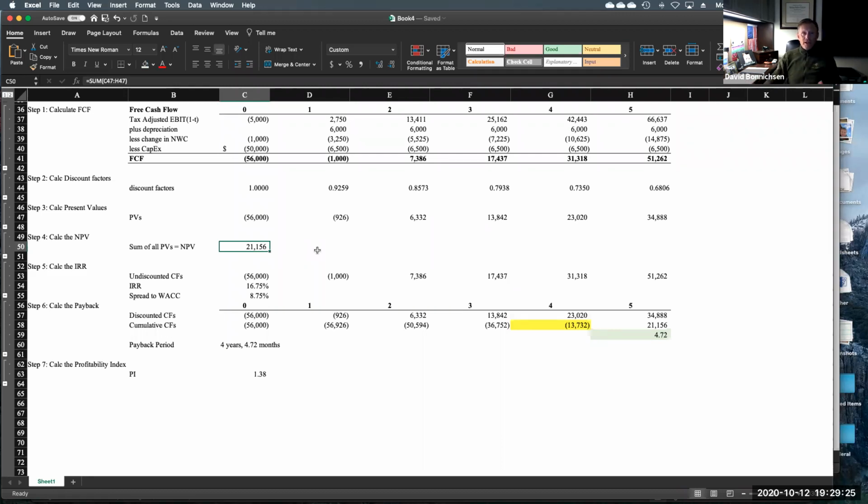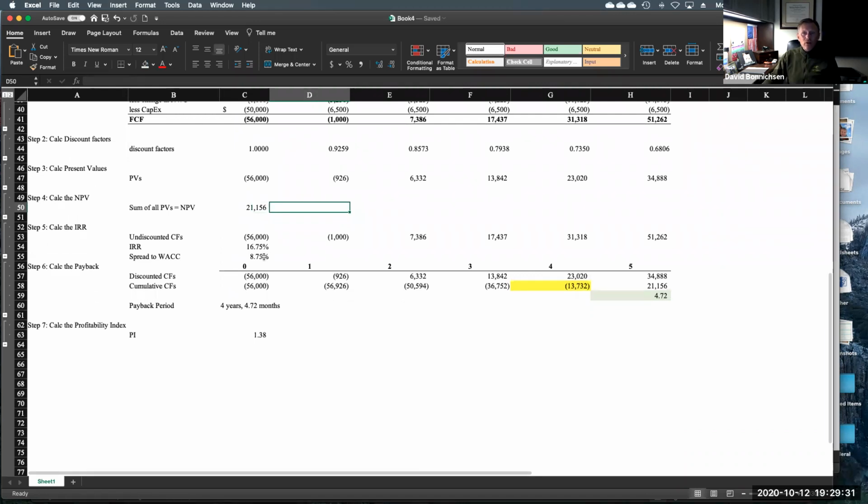Second order of operation, if the net present values are relatively similar to one another, then we need to look at the spread to WACC. Which one is delivering incrementally more return to the business? That would be the spread to the weighted average cost of capital.